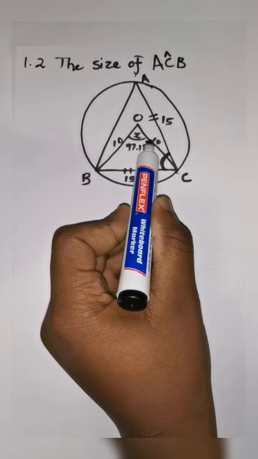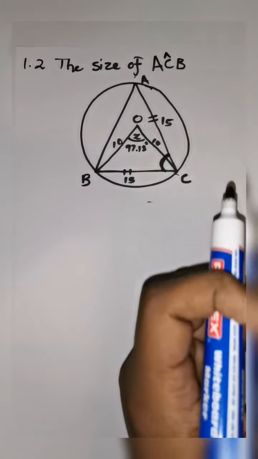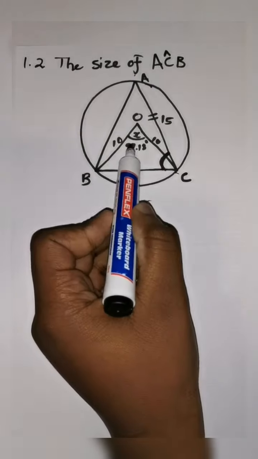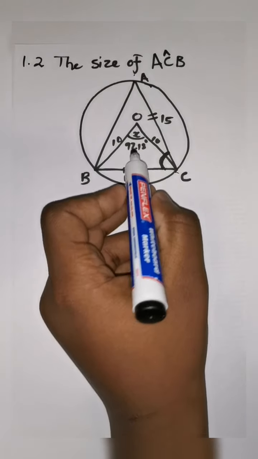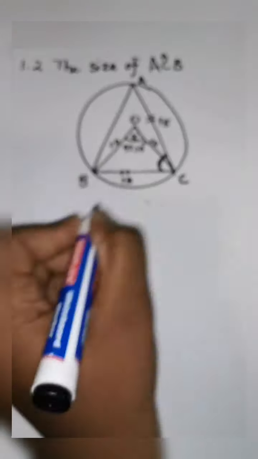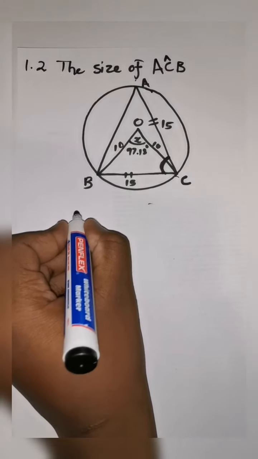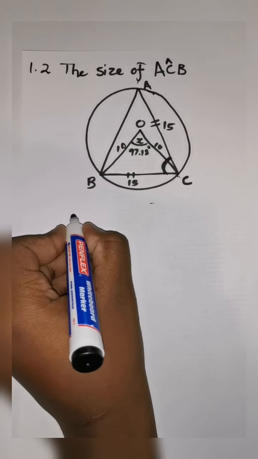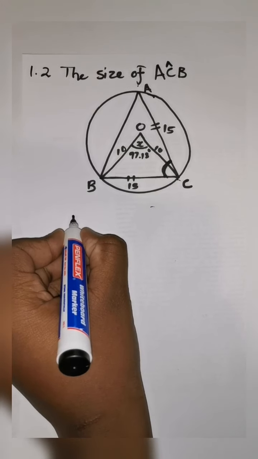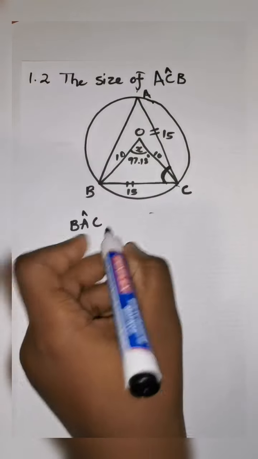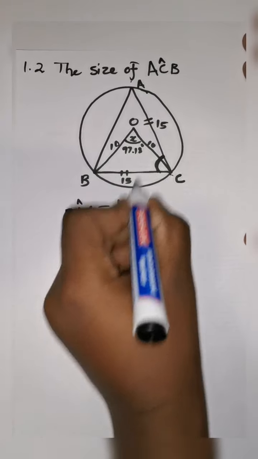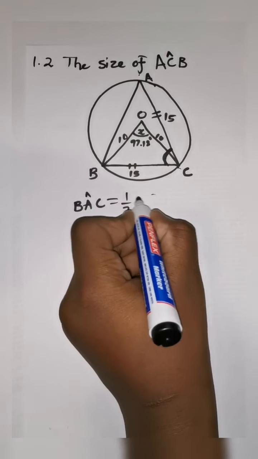I said that the previous question helps you to answer the next question. So x is 97.18, and the angle at the center is twice the angle at the circumference. That means the angle at the circumference is half of what we have at the center. So BAC, that angle right there, is going to be half of x, this angle at the circumference.